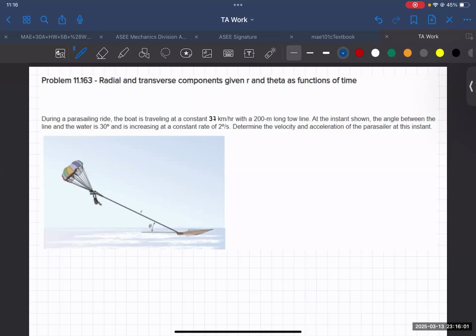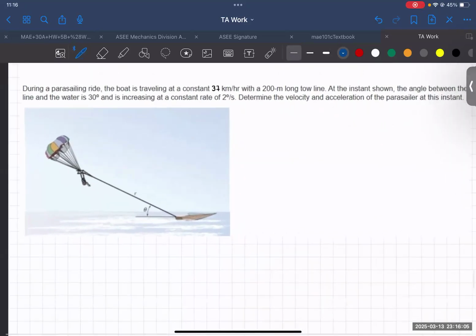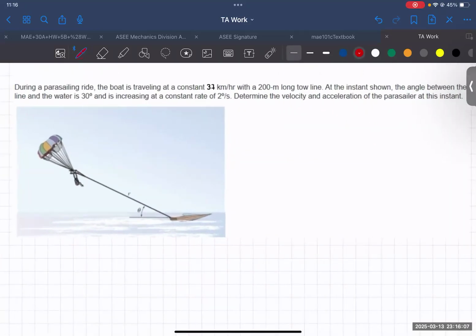So we will first start with the knowns and unknowns and label. We know that R does not change. It means constant, 200 meters.